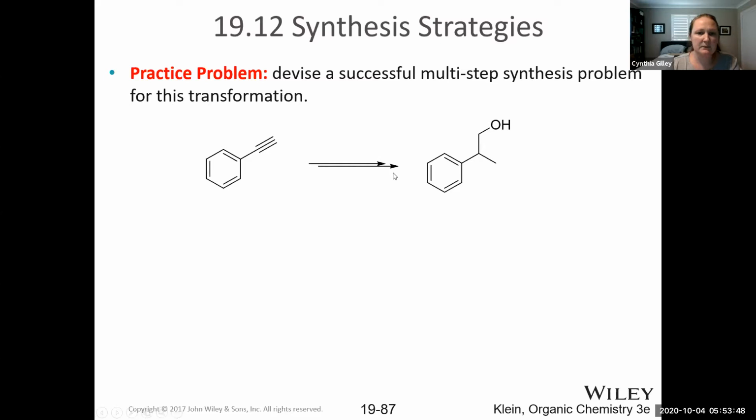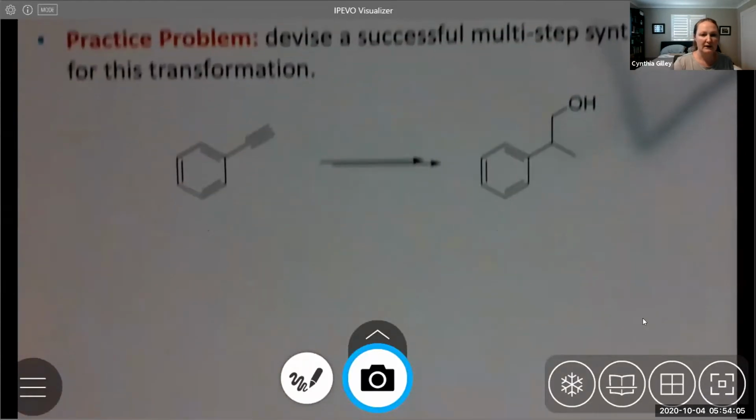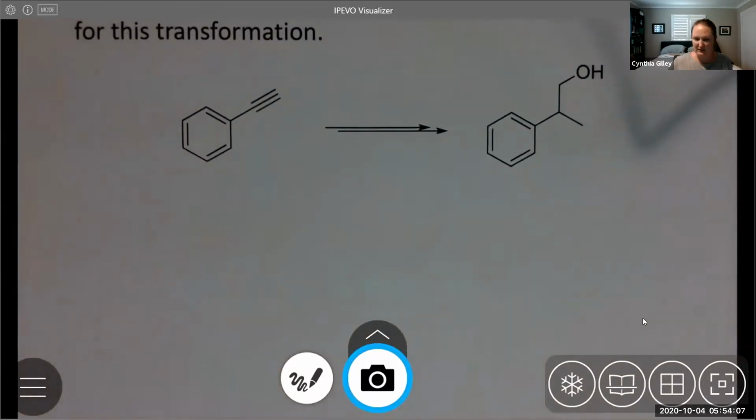And think about how you would manipulate the functional groups shown. Go ahead and pause it if you need to think about it, and then we'll talk about the answer, or at least one possible answer to this question.